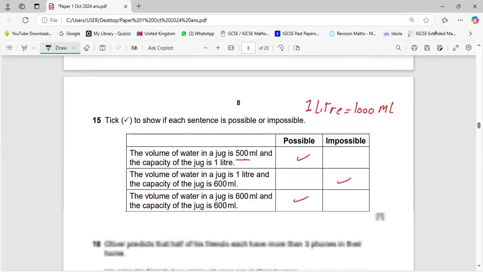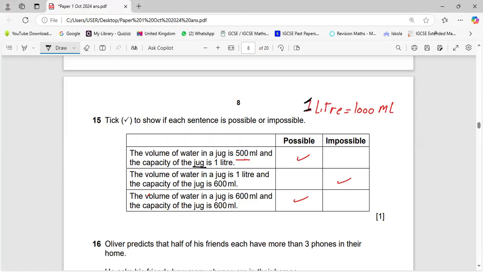The next question. Here he gives information that you have to know: 1 liter equals 1,000 milliliters. Here they ask you about the volume of water in a jug is 500 milliliters, and the capacity of the jug is 1 liter.